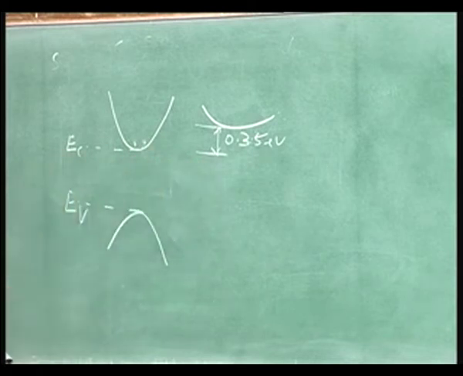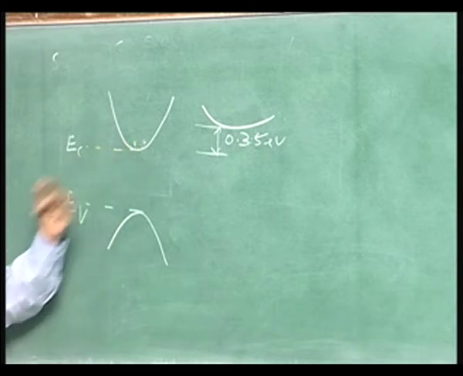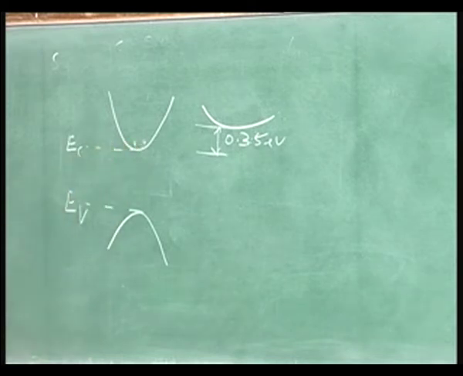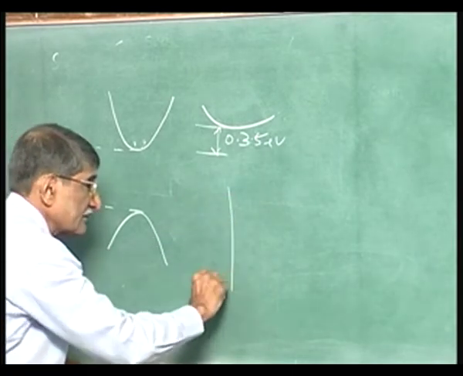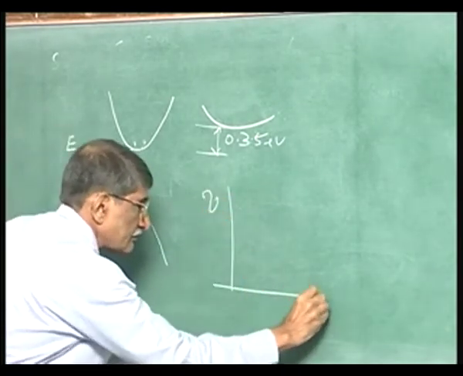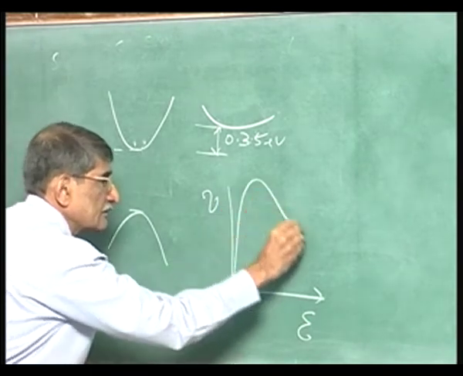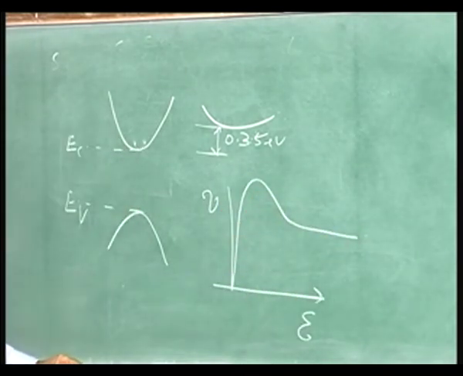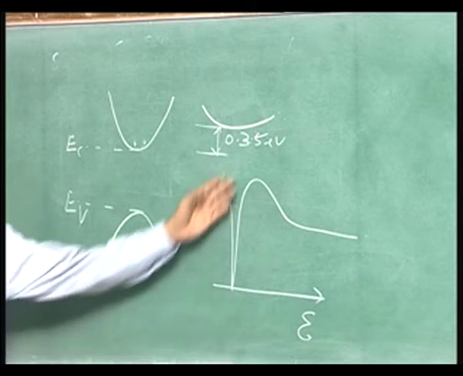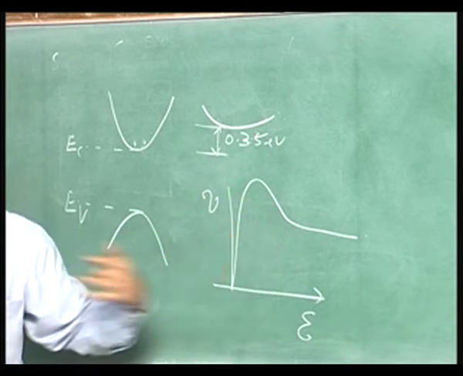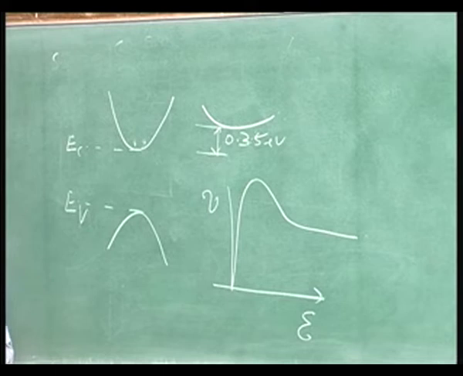So, suppose you have these channel electrons and the velocity-field characteristic is like this. It goes up like that. What you will be concerned with when you go to short channels is the velocity overshoot effect, everything will improve, and that will be good.